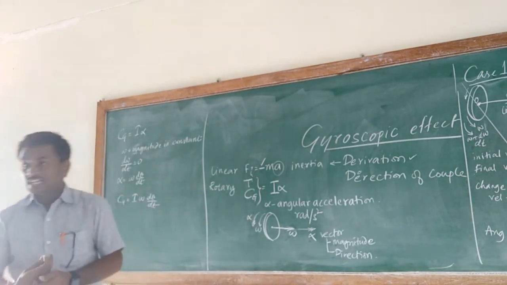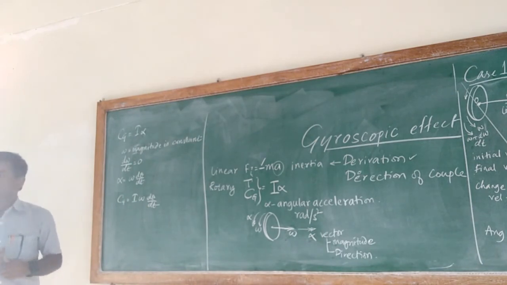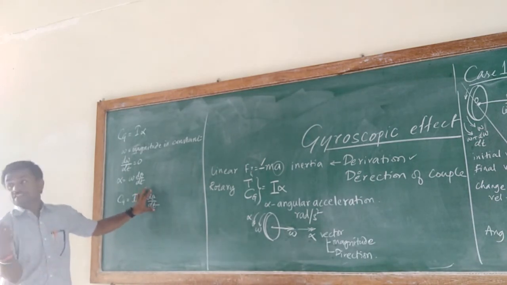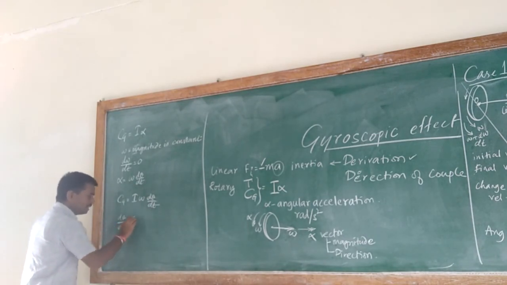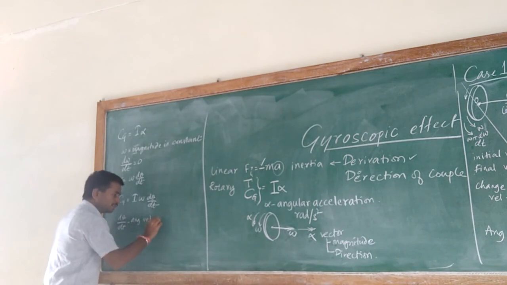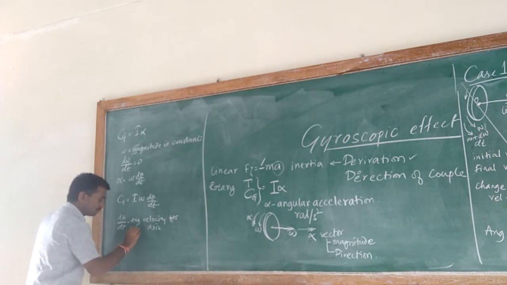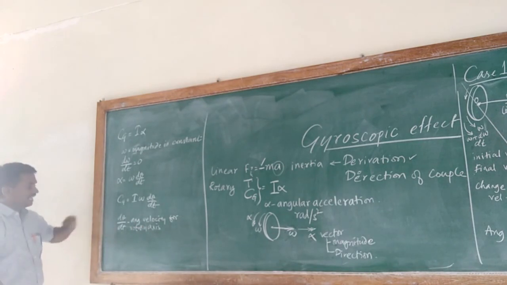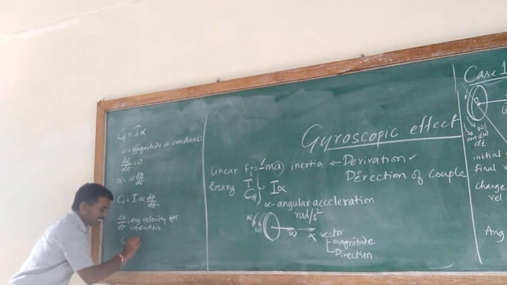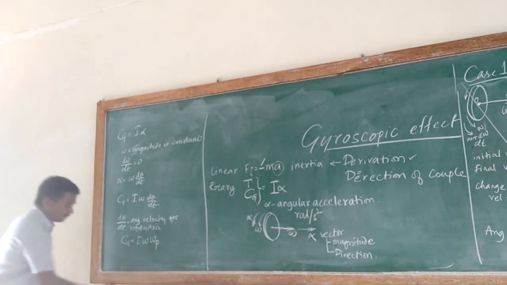So this is again an angular velocity, but angular velocity for the axis, the rotational axis. So we will write it as omega p.